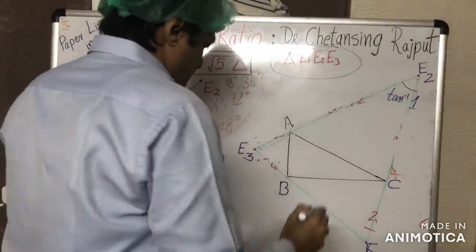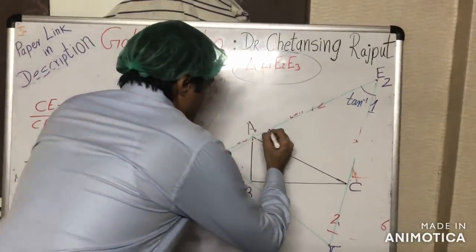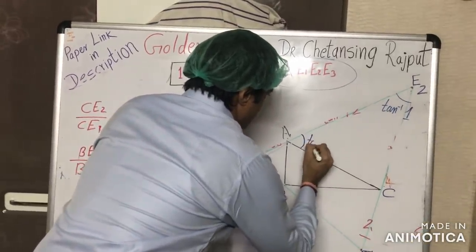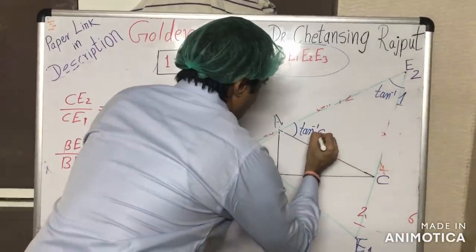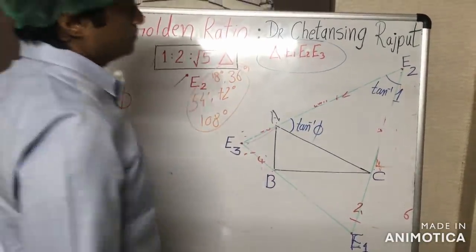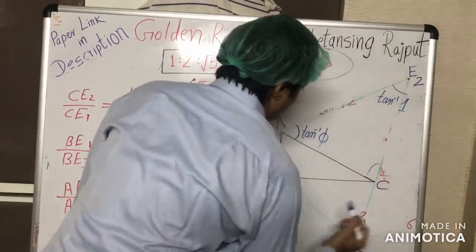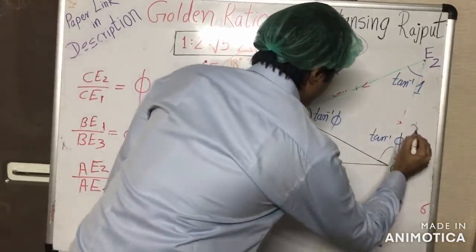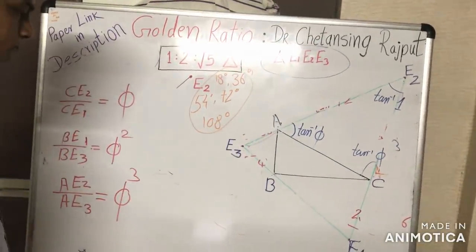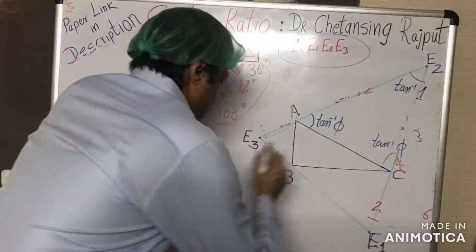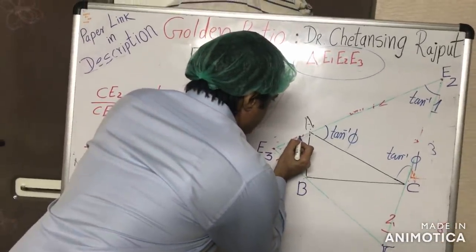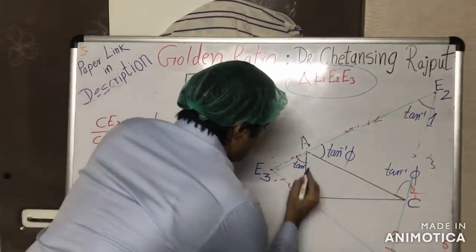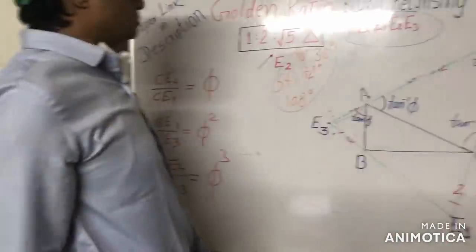Similarly, this angle here, E2AC, is arctangent of phi precisely, and this angle here is arctangent of phi cubed. Similarly, this angle here, E3AB, is arctangent of the golden ratio.